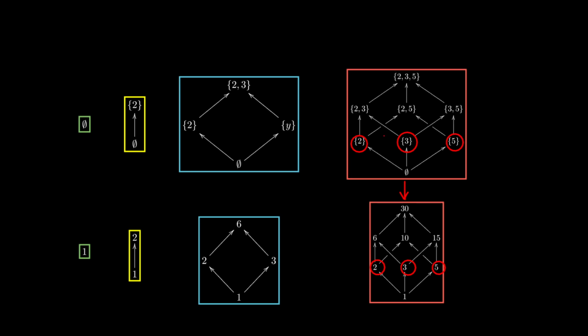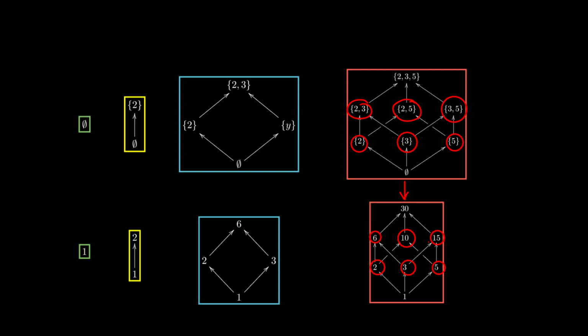But what is the general way of taking this subset 2, 3 to 6? And however I describe that process, it should be the same as taking the subset 2, 5 to 10 and 3, 5 to 15. Well, I'm sure you can see what it is.